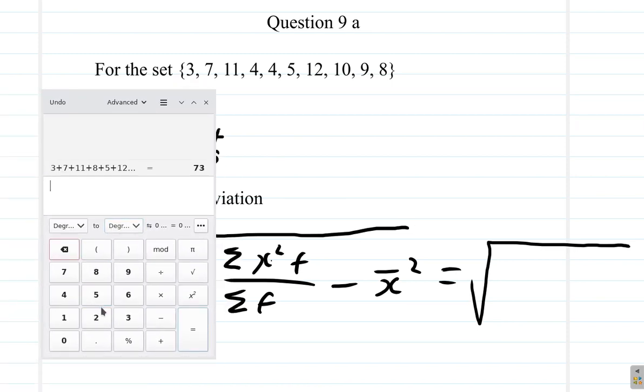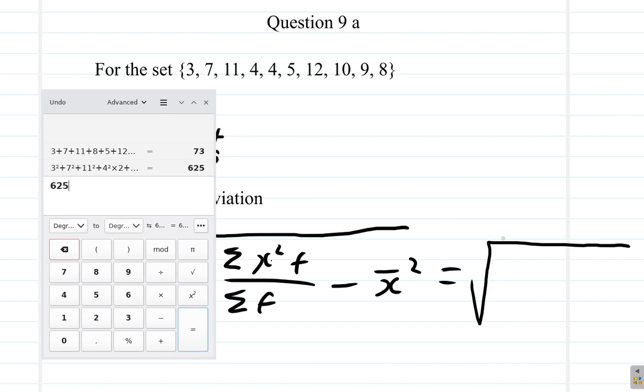We have 3 squared plus 7 squared plus 11 squared plus 4 squared times 2 because you have 2 of them, or you could have said 4 squared plus 4 squared if you want, plus 5 squared plus 12 squared plus 10 squared plus 9 squared plus 8 squared equal 625.